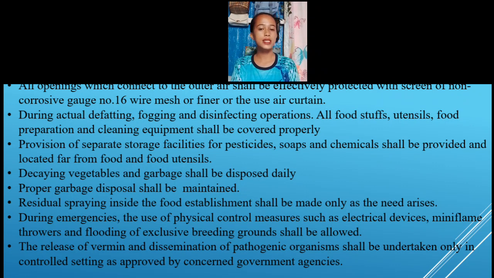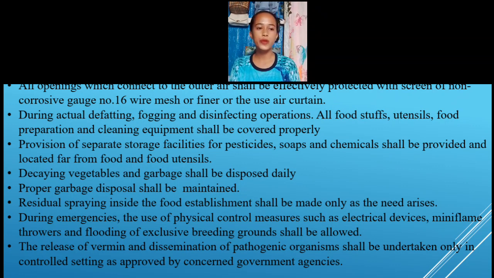So, yung mga hindi na natin ginagamit na vegetables or 2 to 3 days na siyang hindi gamit, kailangan natin siya i-dispose kasi hindi na siya pwede. So, proper garbage disposal shall be maintained. Ito, proper garbage disposal is mahirap talaga sa atin na gawin. So, kailangan sa food establishment, importante siya ma-maintain kasi nga, pagkain yung hinahawakan natin. So, kailangan natin i-dispose siya na maayos.